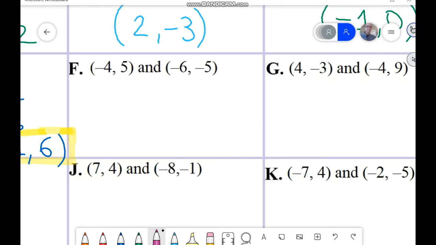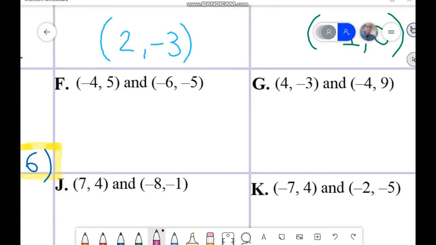If you don't have the graph, the best way is to calculate. You can always draw the graph using graph paper and find out the answer, but it's not hard to calculate. Let me show you. Find x1, y1, x2 and y2. The x of the midpoint equals x1, -4, plus x2, -6, over 2. -4 minus 6 is -10, divided by 2, -5.